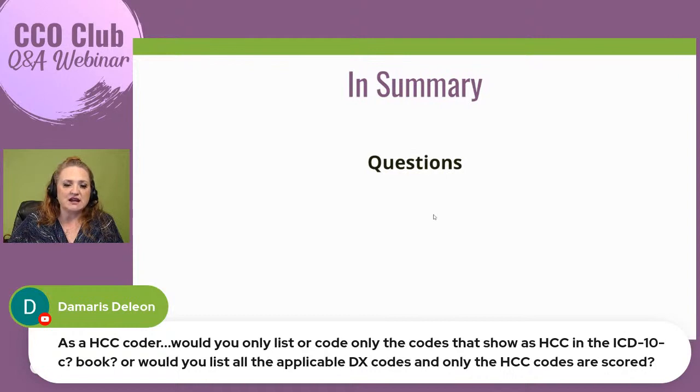It says, as an HCC coder, would you code only the codes that show the HCCs in the book, or would you list all the applicable diagnoses and only the HCC codes are scored? I think I know where this question's coming from, because in the past, they only captured HCCs.